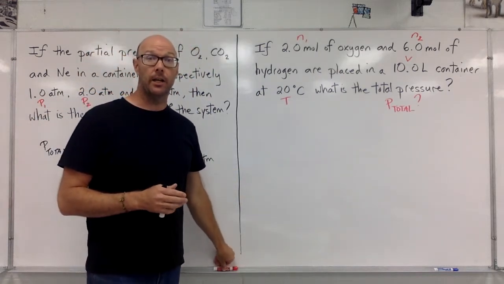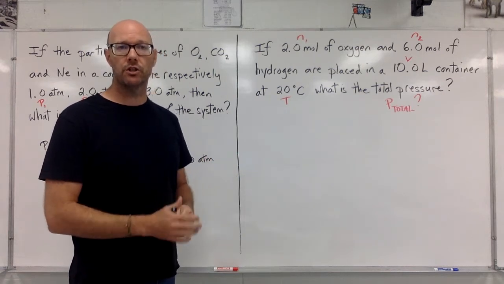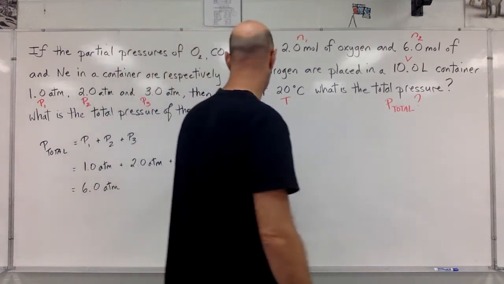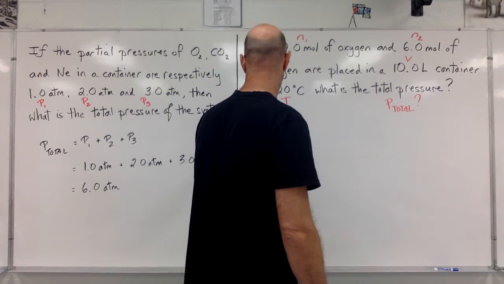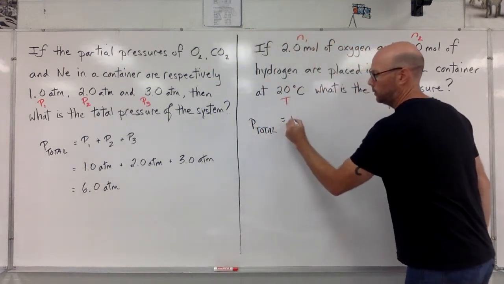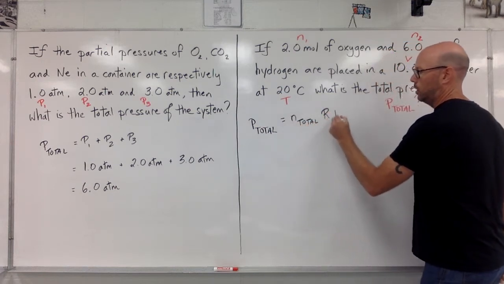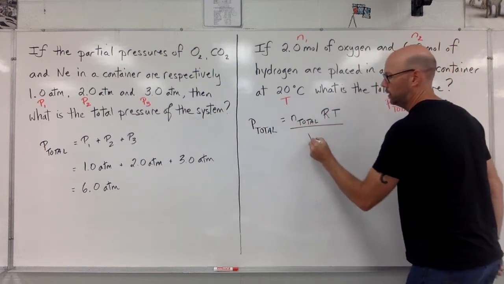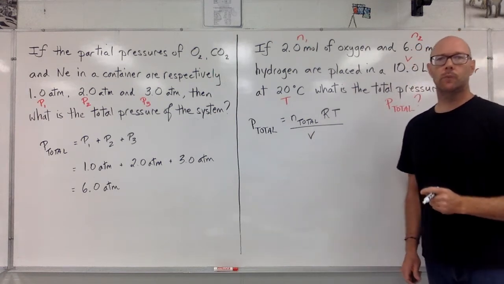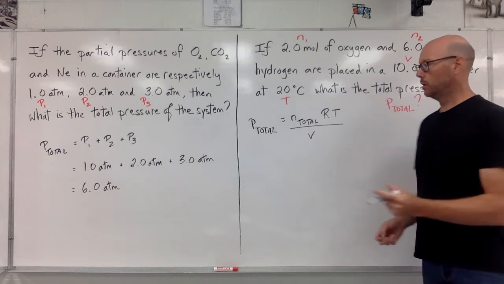Once I've decided that it's a slightly more involved type of Dalton's law question, I can put the formula down. P total equals N total RT over V. You might be able to skip some of these steps. I'm going to be really thorough.